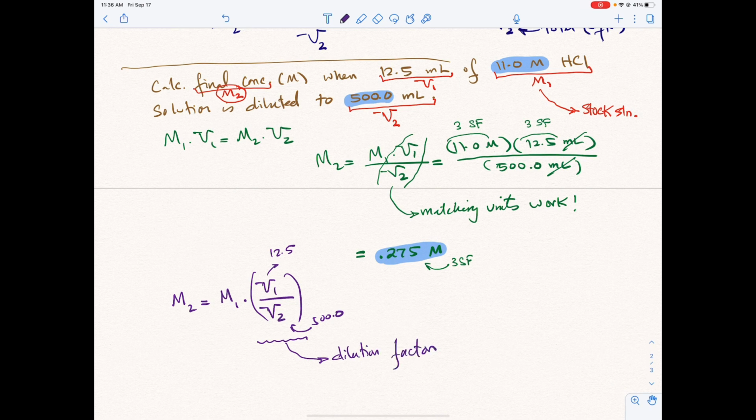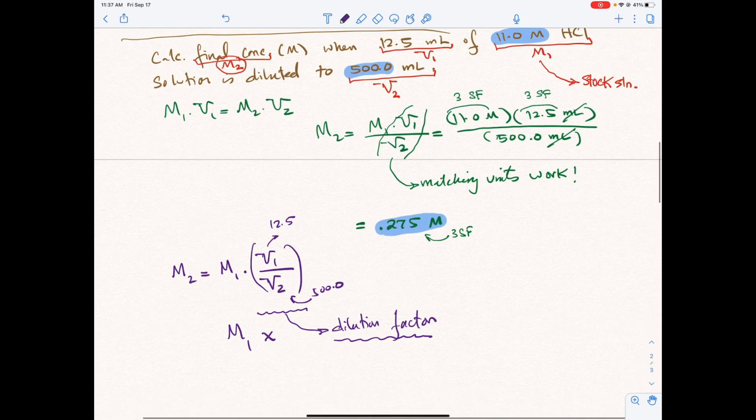You are multiplying your stock solution by a dilution factor, which in this case, of course, is less than 1. You're dividing 12.5 by 500. The numerator is less than the denominator, so the ratio is less than 1. The factor 12.5 divided by 500 is 0.025. So my dilution factor is 0.025.